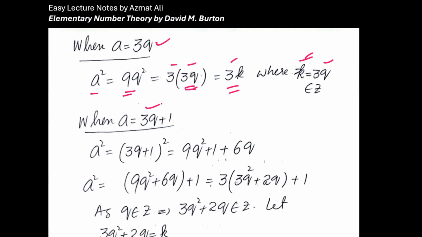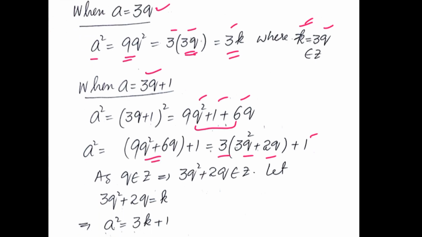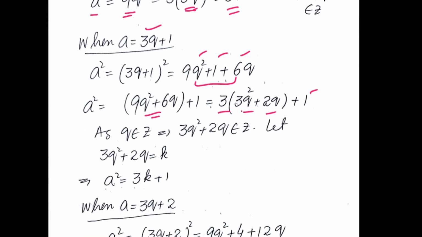When a is equal to 3q plus 1, by taking the square on both sides, we have 9q square plus 1 plus 6q. By combining these terms and taking 3 as a common factor from the bracket, we have 3 into 3q square plus 2q, plus 1. As q is an integer and the sum of two integers is always an integer, so 3q square plus 2q is also an integer, so we suppose this is equal to k. Hence a square is equal to 3k plus 1.